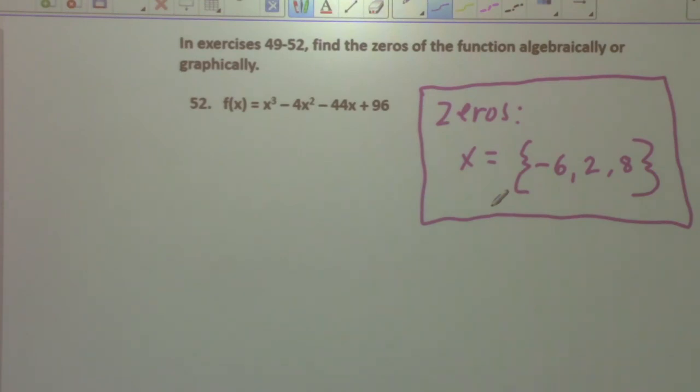I'll give you extra paper, just what you need. Okay, 5 right here.